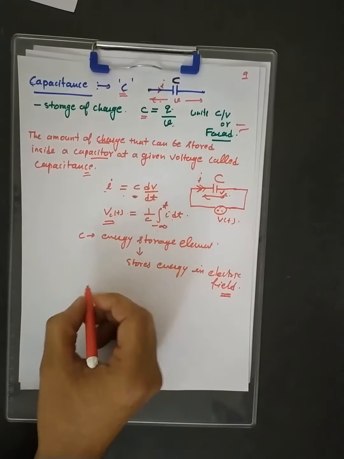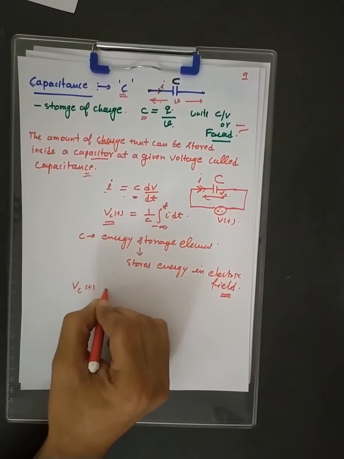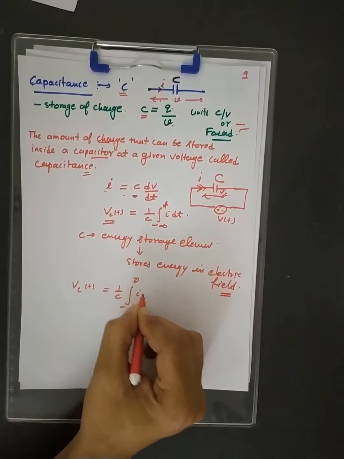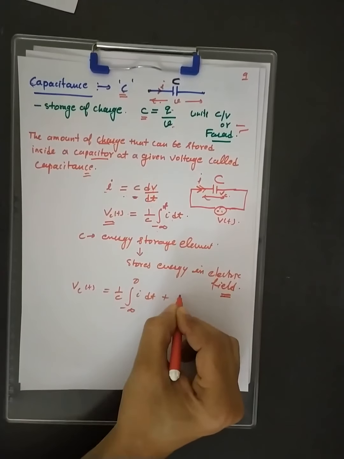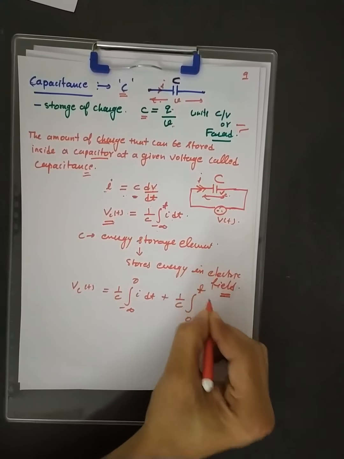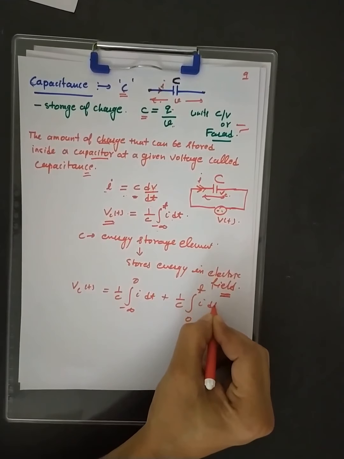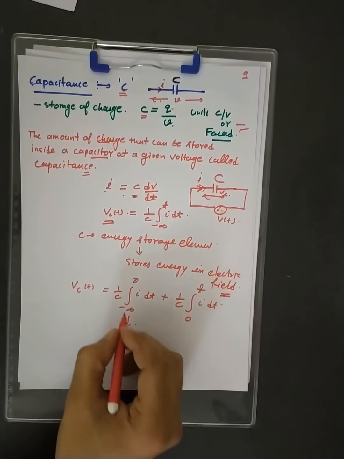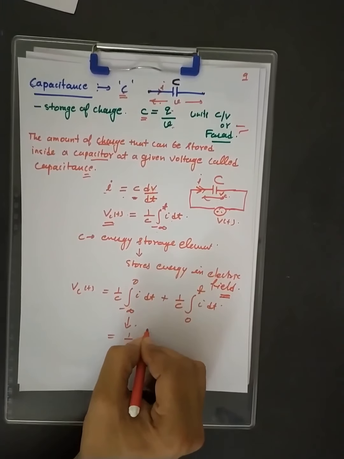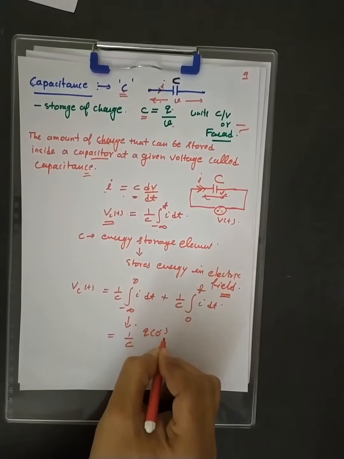So similarly, the voltage can be further broken down into two parts: minus infinity to 0 I into dt plus 1 upon C integration of 0 to t I into dt. So this represents 1 upon C integration of I, that is Q, charge.